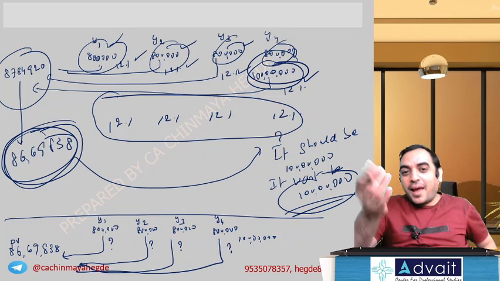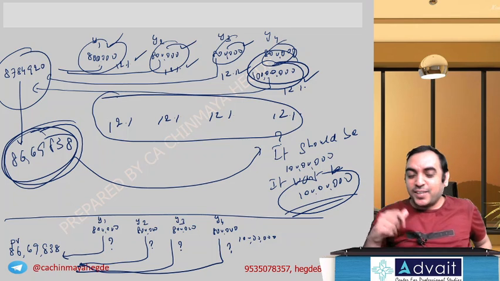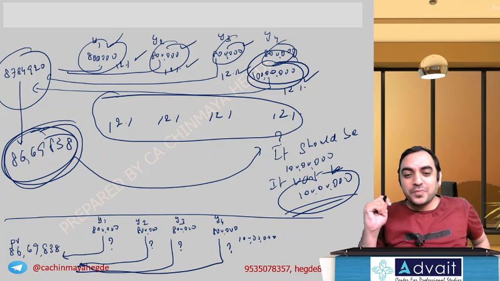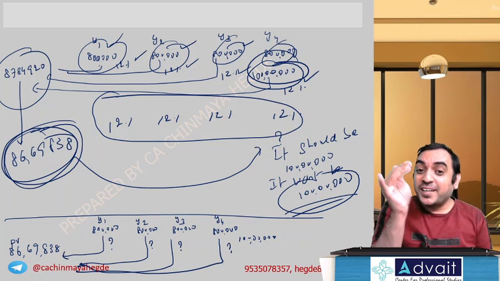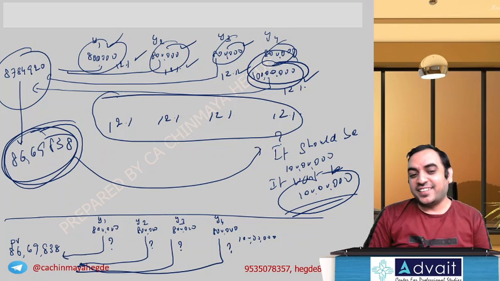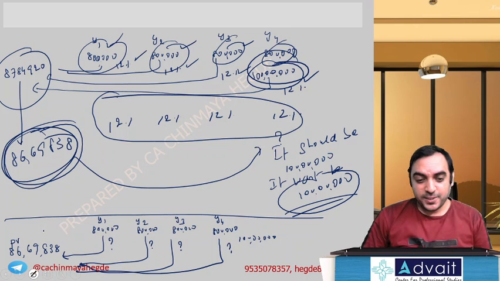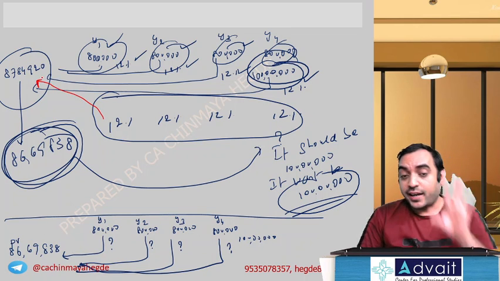Okay, now one mathematical term. We will calculate anyway. I'll show you how to calculate. But do you think that rate would be more than 12% or less than 12%? What do you think mathematically? At 12%, we got 87, 84, 920.